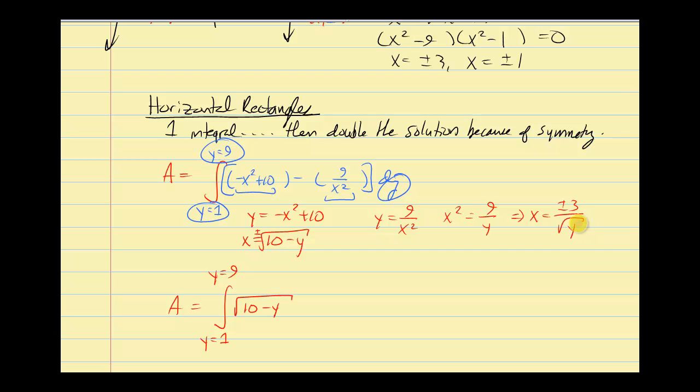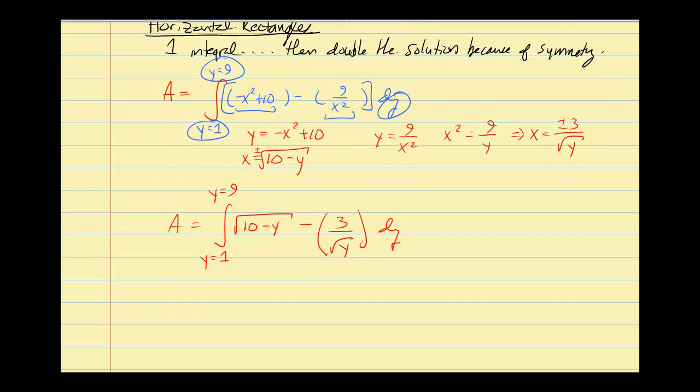I'm only looking at the positive values of x, so just positive 3 over root y. But remember, your curve is upper minus lower, so here I have 3 over root y. dy is the incremental width. Now, this minus sign is not here because the function is negative. This minus sign is here in order to find the length of that horizontal rectangle.